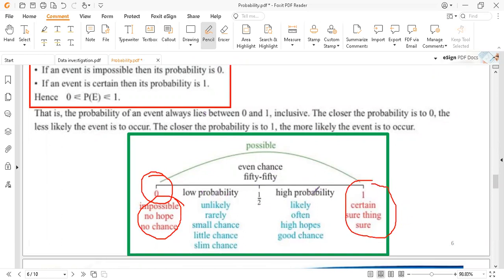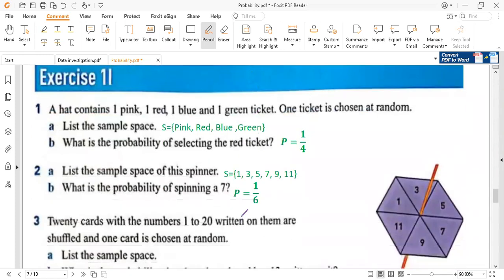Okay, and for highly probable, likely, when we have a big chance, a good chance, high hopes for some event to occur, its probability has to be greater than 1/2, and an event with a probability less than 1/2 is categorized as unlikely, rarely, small chance, little chance, slim chance to occur.